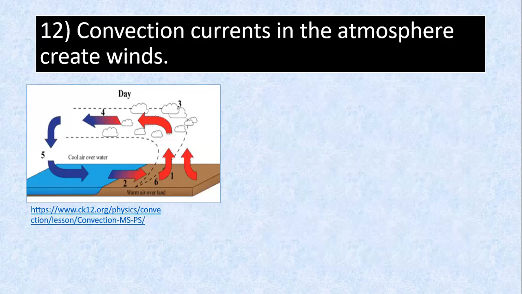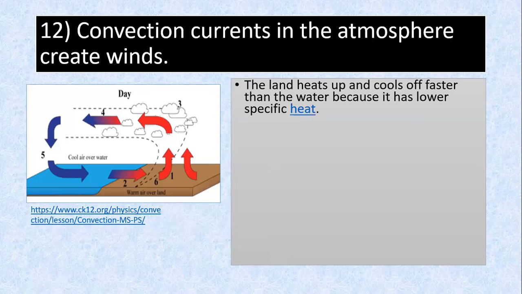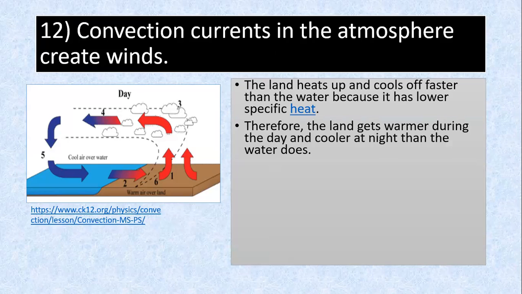Okay, convection current in the atmosphere. That is what you have done in your SPM. You can just refer to your note there. Right? Land heats up and cools off faster than water because it has a lower specific heat capacity. Therefore, land gets warmer during the day. Land heats up faster. Water heats up slower.